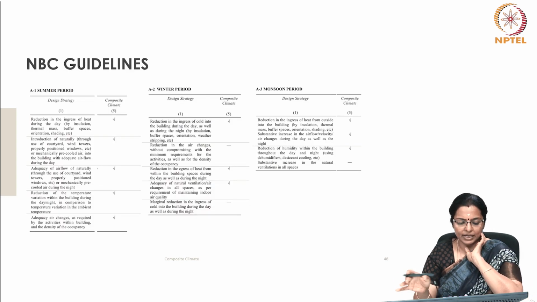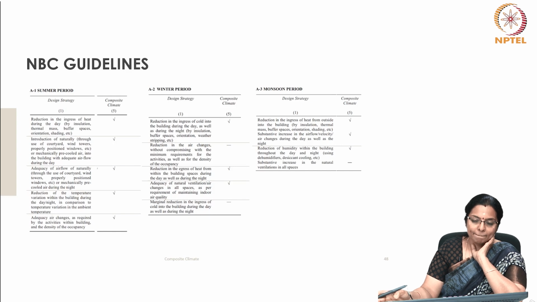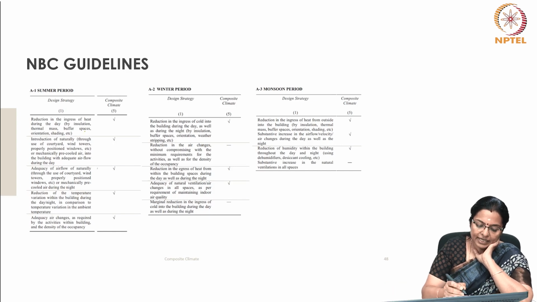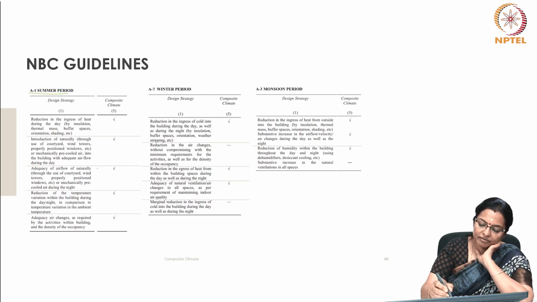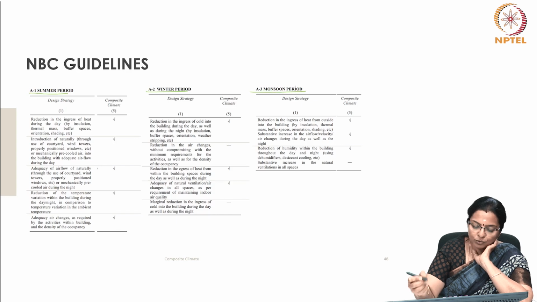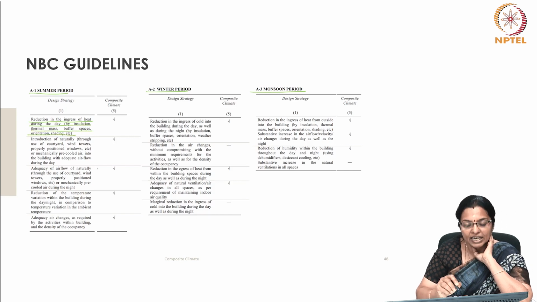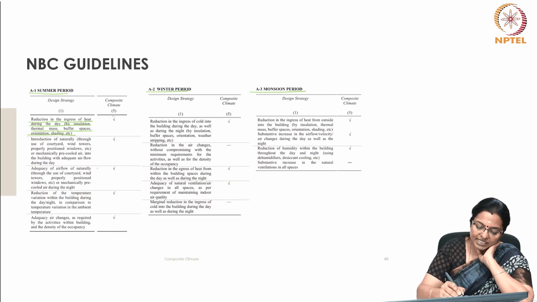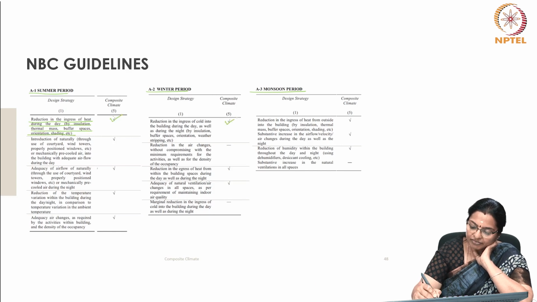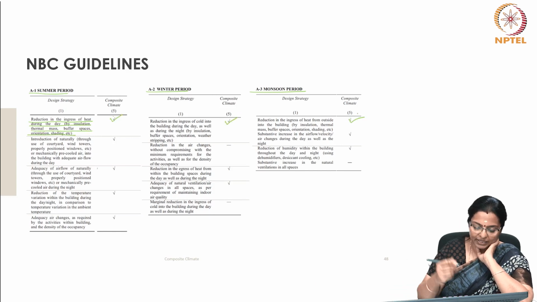If we look at NBC guidelines for summer, winter and monsoon period, it states that reduction in the ingress of heat during the day by insulation, thermal mass, buffer spaces, orientation, shading, etc. is needed in summer, winter and monsoon period.